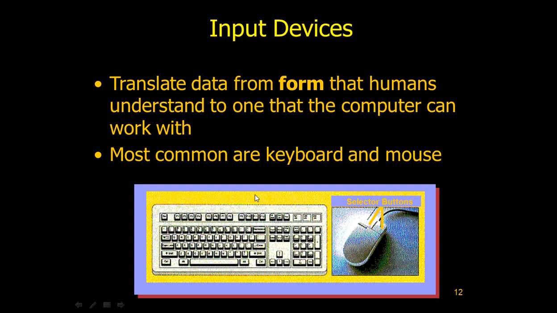Let's note that a computer is a machine. Therefore, it has a language that it understands, and that is machine language. As a human, I understand human language. So for me and the computer to communicate, there should be a translation.